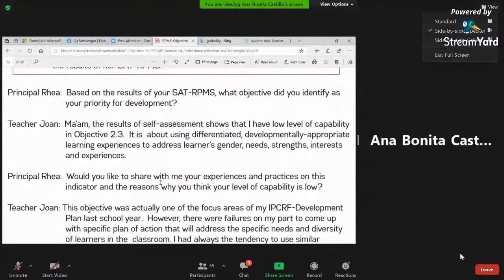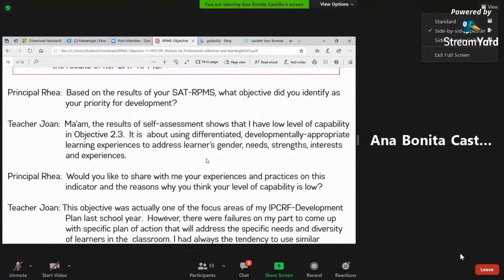It is about choosing differentiated, developmentally appropriate learning experiences to address learners' gender, needs, strengths, interests, and experiences. Principal Rhea: Would you like to share with me your experiences and practices in the indicator and the reasons why you think your level of capability is low?